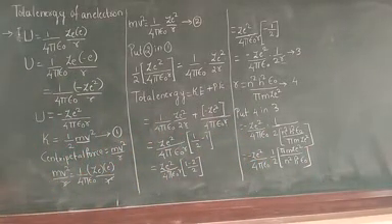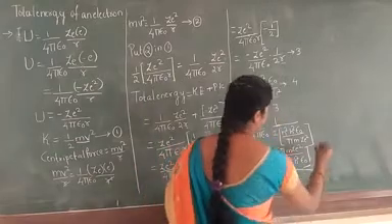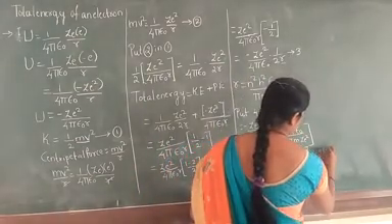Therefore, this expression gives the total energy of the electron in the n-th stationary orbit.